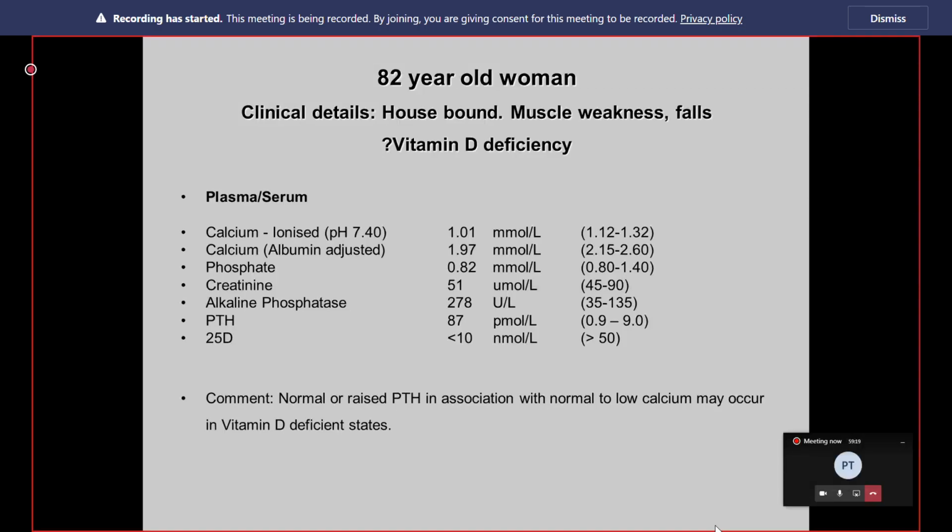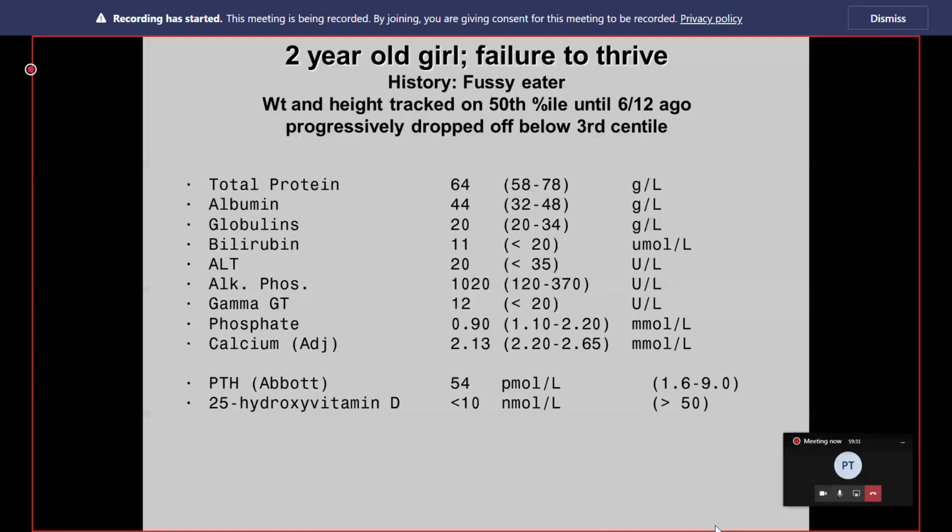We see a raised PTH more often than a low calcium in vitamin D deficiency, because the raised PTH maintains the serum calcium at the expense of skeletal health.